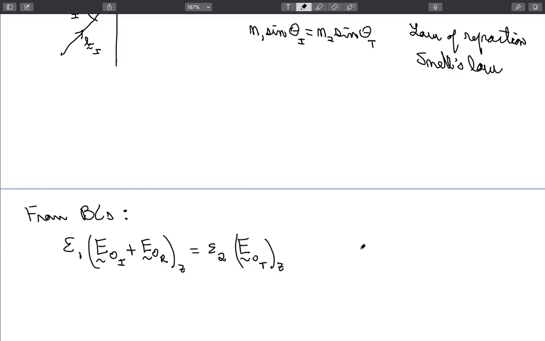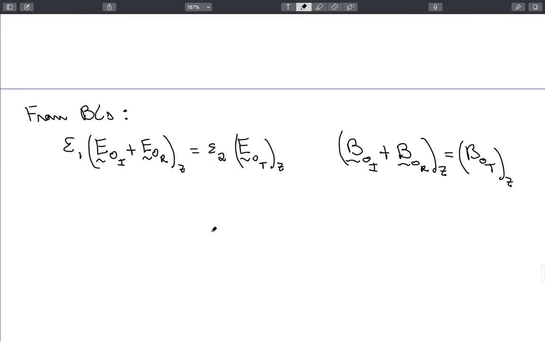So that's one of them. The second equation just tells us that the magnetic fields are continuous, at least the perpendicular component, so B0I plus B0R, again Z component, is equal to the transmitted magnetic field Z component. So that's the second boundary equation.